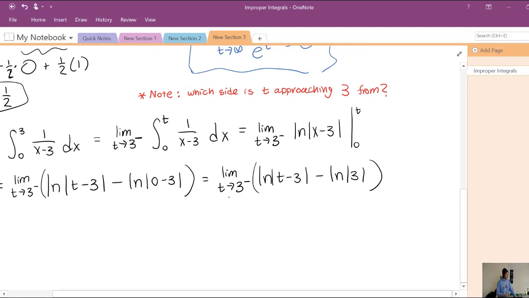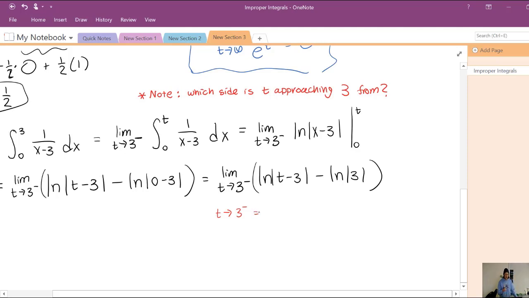So if we imagine some values of t approaching 3 from the left, are those going to be numbers that are bigger or smaller than 3 if you're coming from the left side?